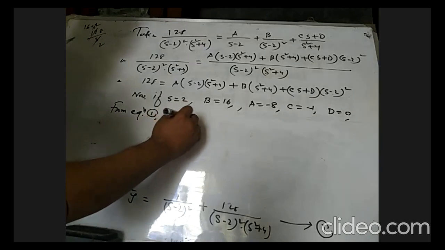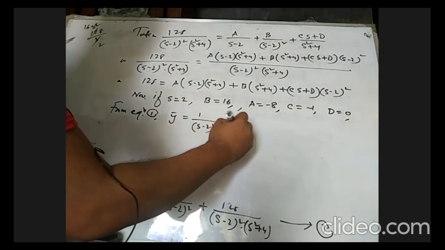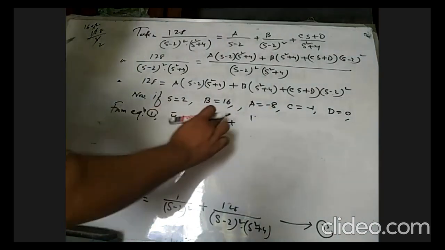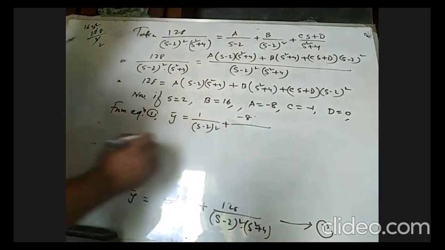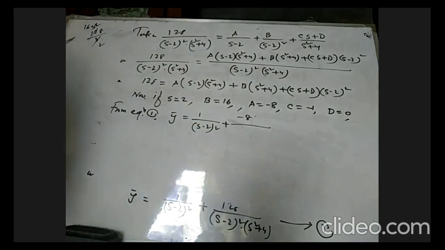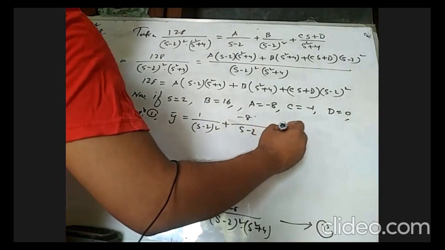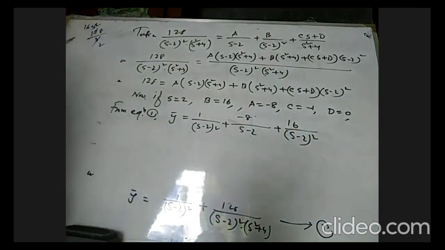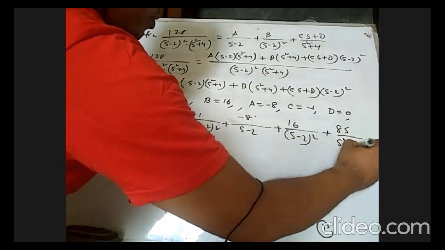Laplace transformation of y(t) equals 1 divided by (s minus 2) whole square plus 128 divided by ..., this can be written as minus 8 divided by (s minus 2) plus 16 divided by (s minus 2) whole square plus 8s divided by s square plus 4.